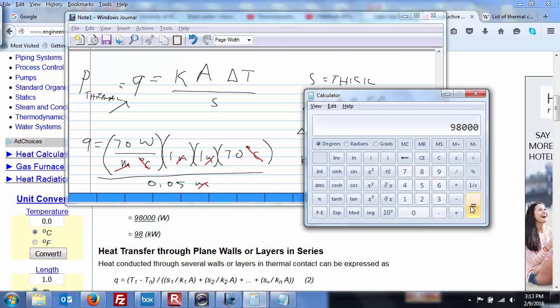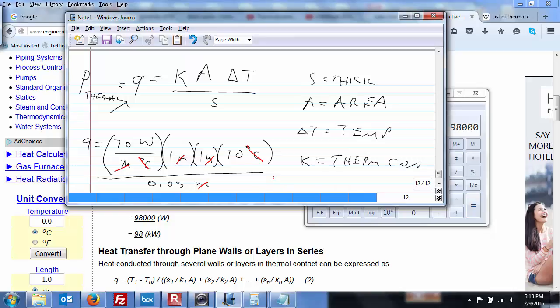We're looking at 98 kilowatts. And if you were in fact running a power system where you need a lot of heat, that'd be pretty reasonable. So equals 98 kilowatts. In a house, you're probably not going to have solid steel walls.